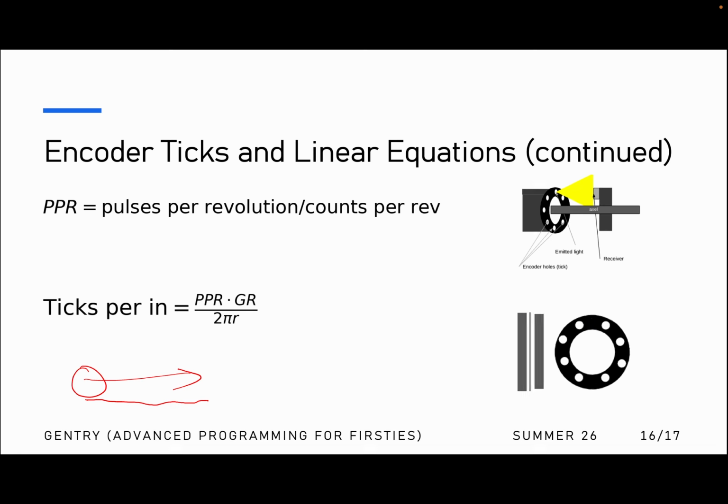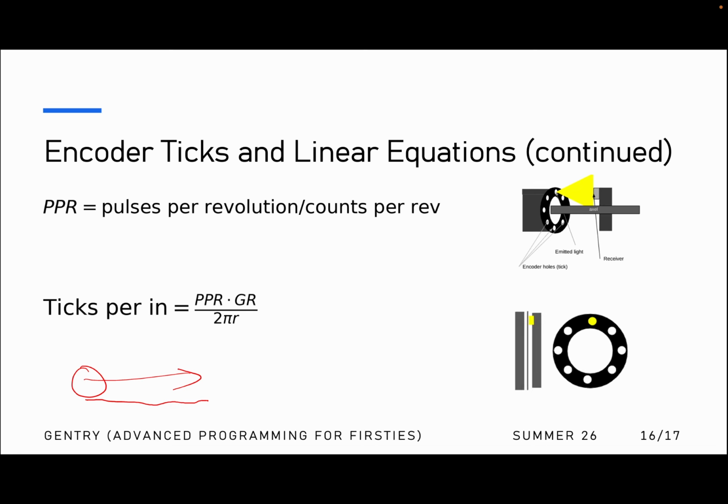So our pulses per revolution, or counts per revolution, is just how many times our sensor sees a light, basically. Most use Hall effect sensors, which are just magnets, so they're much more accurate. But the one depicted here is a light sensor. So you can see while it's rotating, it's going to flash that light, and it'll count every time that happens.